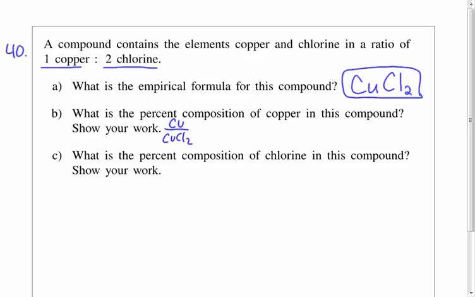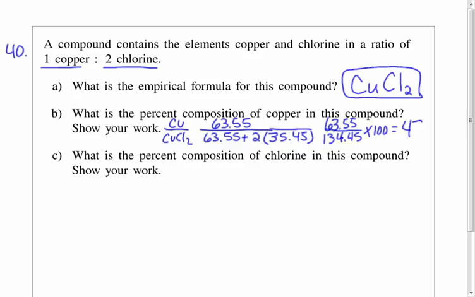we'll look up copper and we get 63.55. So then on the bottom here, we'll have 63.55 plus 2 of our chlorines, which weigh 35.45. So when we put that into our calculator, we get 63.55 divided by 134.45 times 100, and we end up with 47% copper.